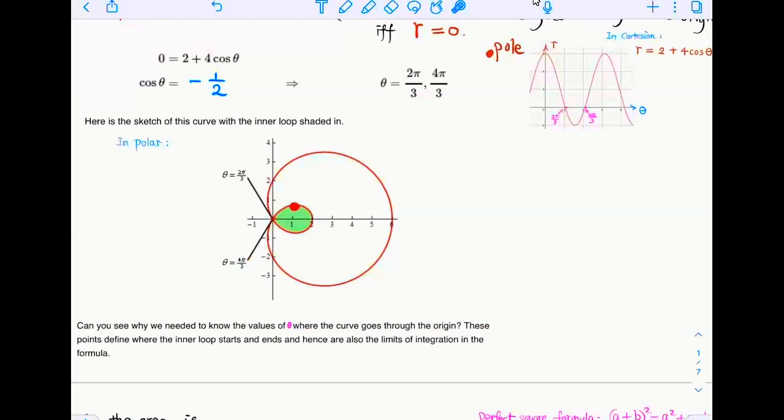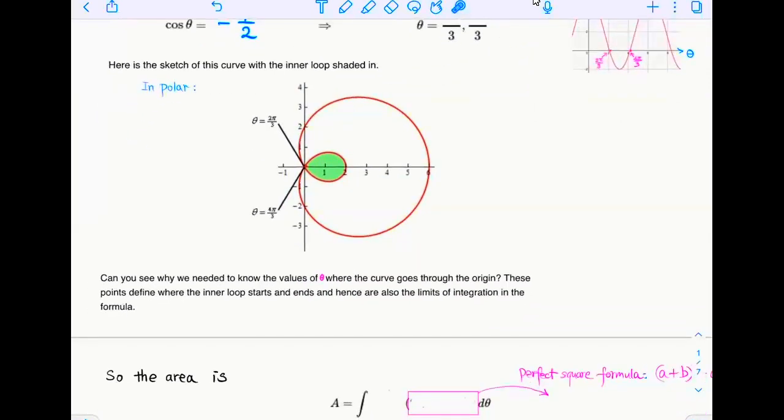Okay, you can see why we need to find the value of theta where the curve goes through the origin, right? These two points define where the inner loop starts. So the inner loop starts when theta equals 2 pi over 3, and it ends when theta equals 4 pi over 3.